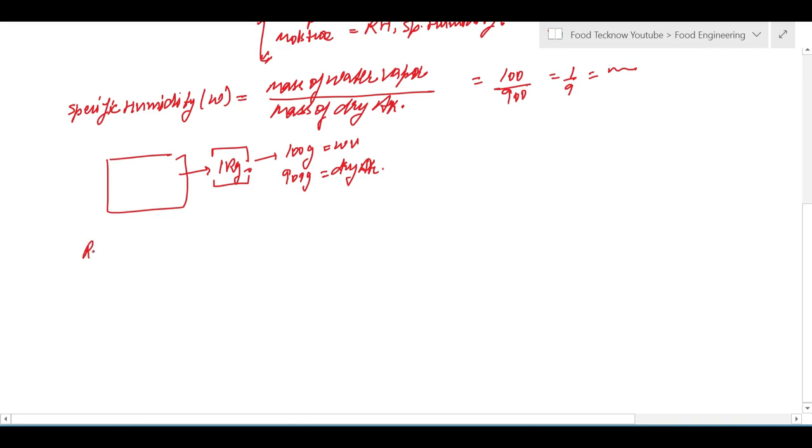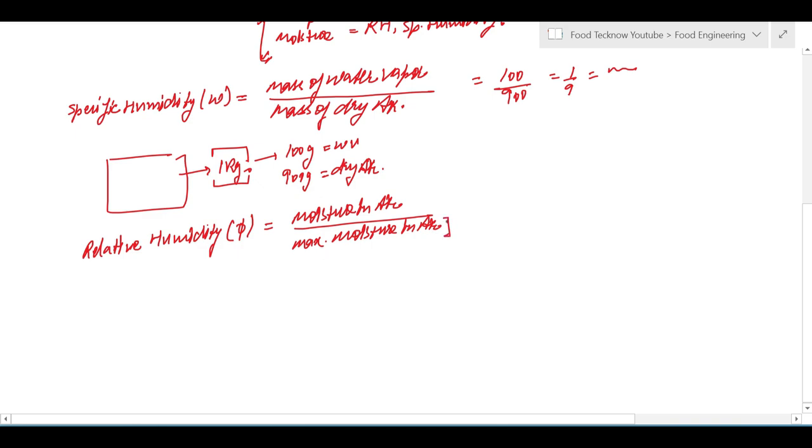Let's look at relative humidity once again, although I told you about it in quite some detail yesterday. So relative humidity is represented with this symbol, and it is written as the moisture in air divided by the maximum moisture in air, or this particular denominator can be written as the water holding capacity of the air.